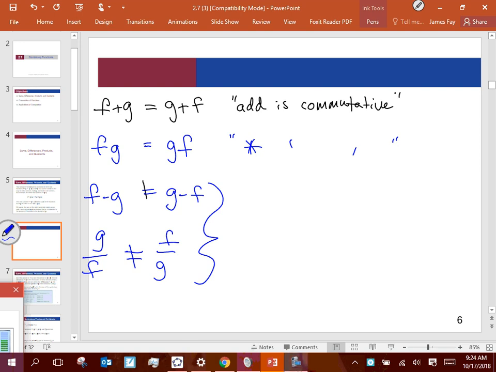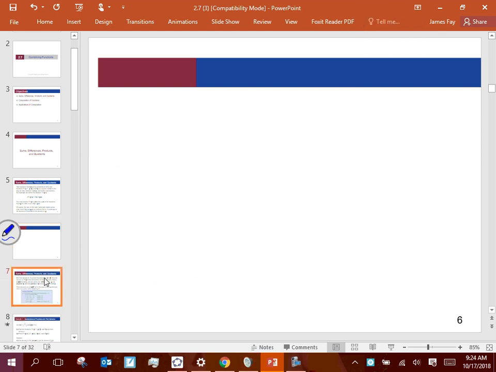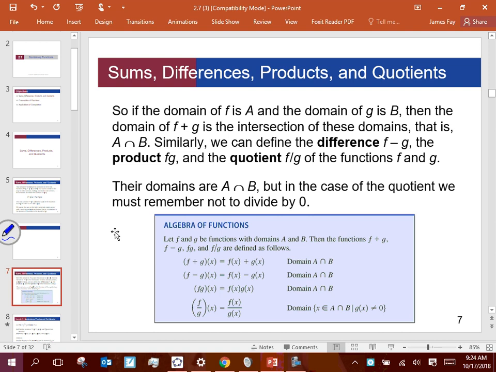We're going to be very interested in talking about whether operations like these are able to be flipped and still get the same results. So now this says these functions only work when we combine them through addition, subtraction, multiplication, division. They only work for the x values that all the functions are defined for.